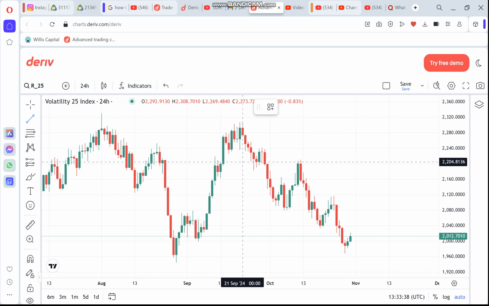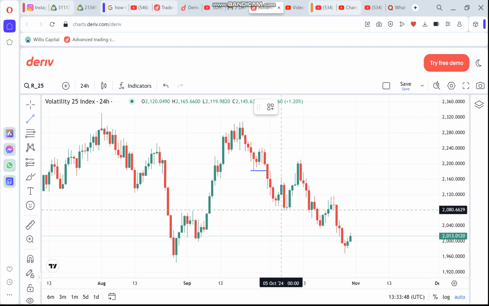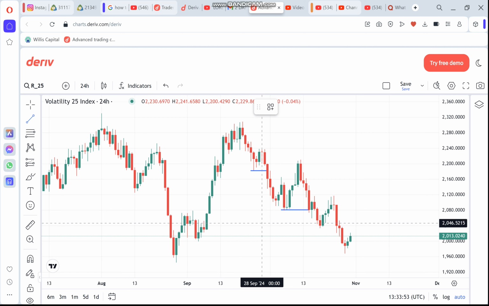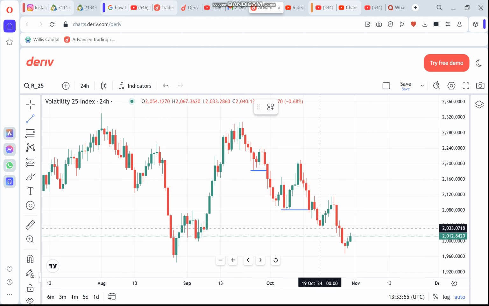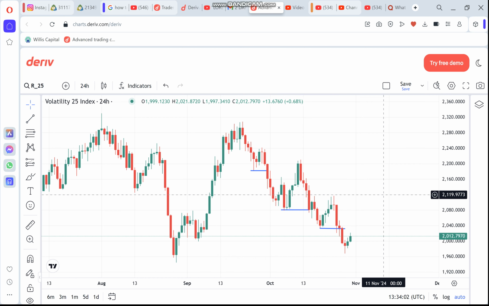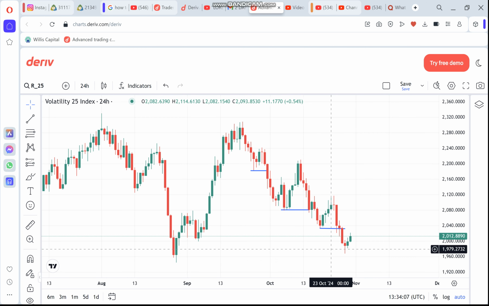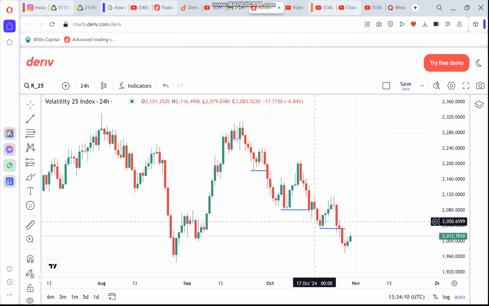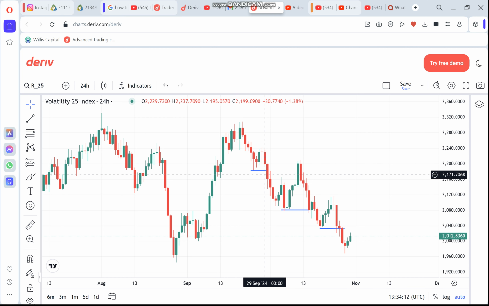As you can see, we have a break of structure here, and there, break of structure, and another below the previous break of structure. So from here, we're going to find that the category of this price action is a bearish market structure, a downtrend. Why?